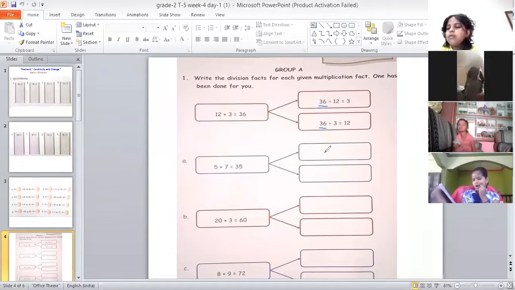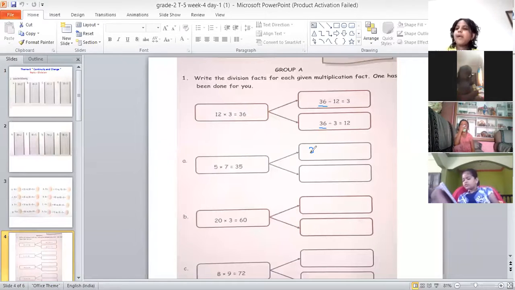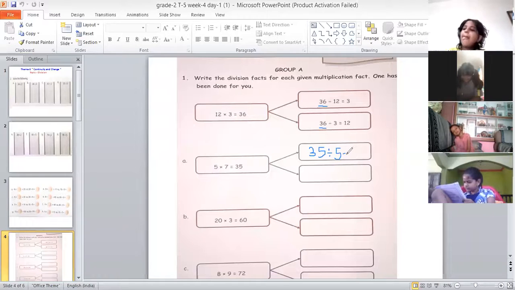This is 5 multiplied by 7 is equal to 35. So what we will do is, we will write the biggest number first. Yes, Shreyan? 35 divided by 5. Very good. 35 divided by 5 equal to 7. That's the correct answer.